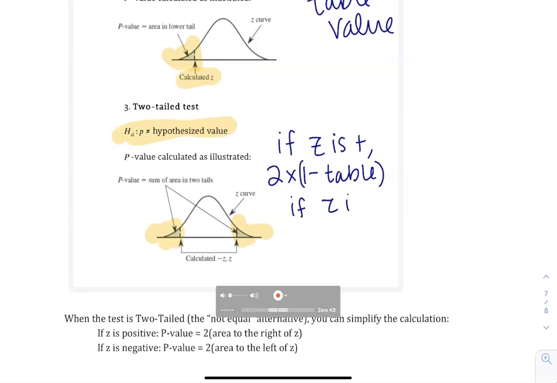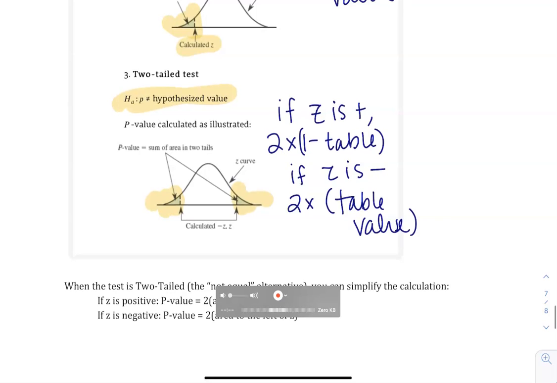If z is negative, then you do just the table value times 2. But I hope all of you will be comfortable using the technology. Oh, I didn't need to write that. It was right here. Hopefully you'll be comfortable with your technology to just use StatCrunch. That's what it's for. We live in a world where technology is super common, so that's what I encourage you to do.